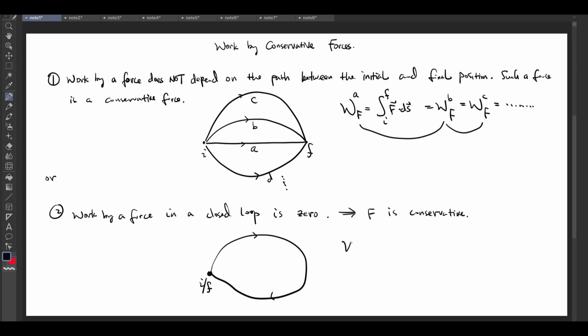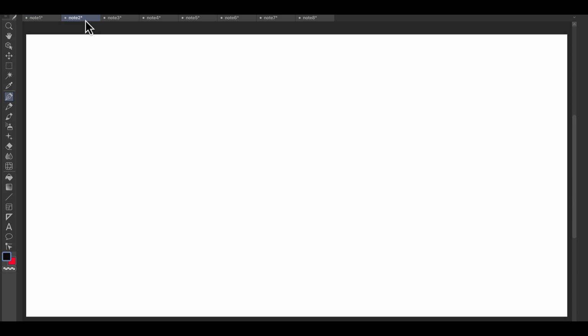And the work done by a force F along such a closed path is 0. Then we say such a force is a conservative force. So these are just definitions. Now let's think about some specific forces that can be called conservative forces and how we can calculate work done by such a force.